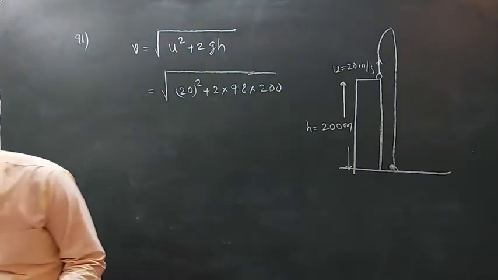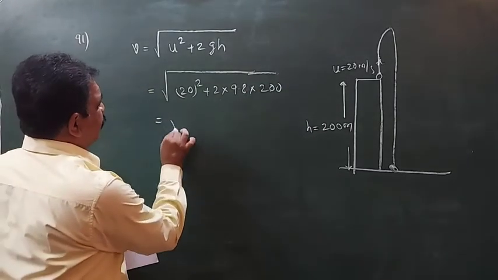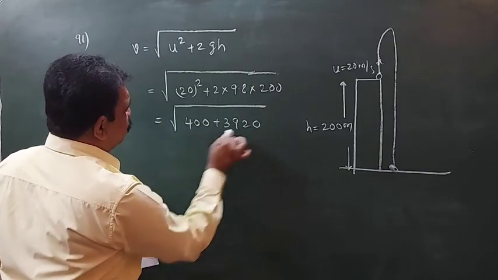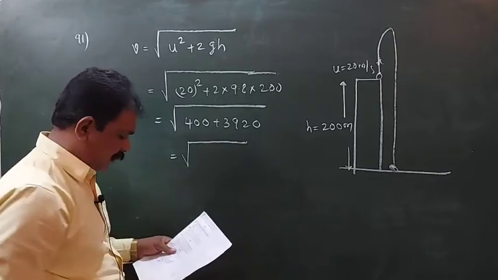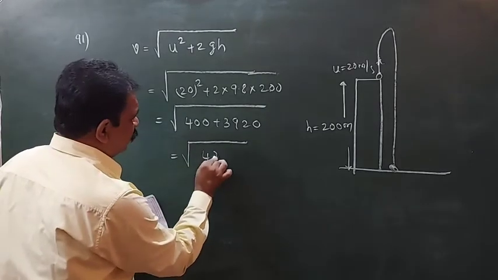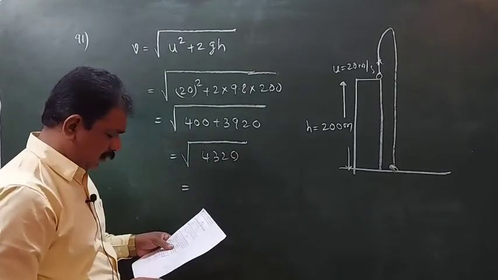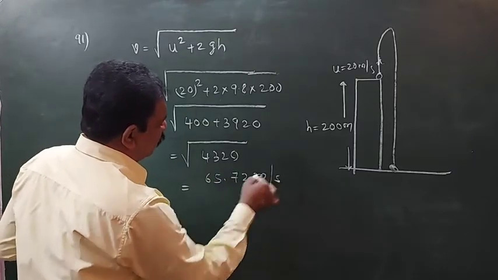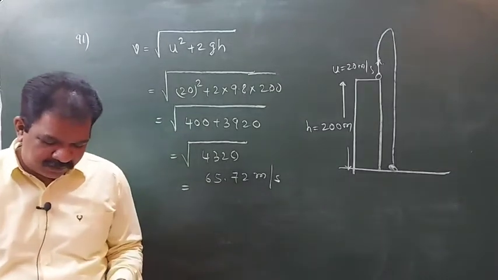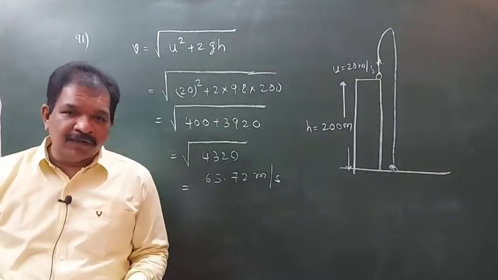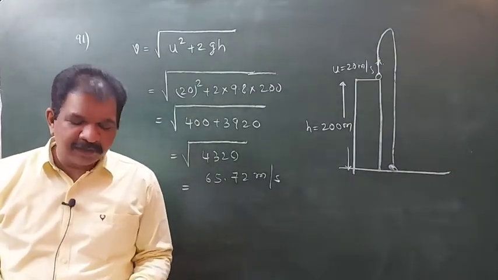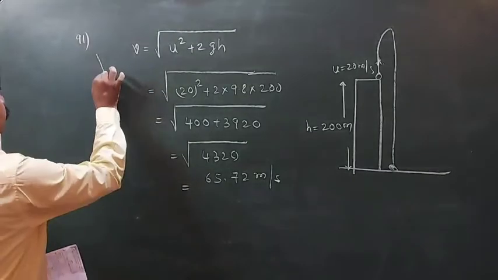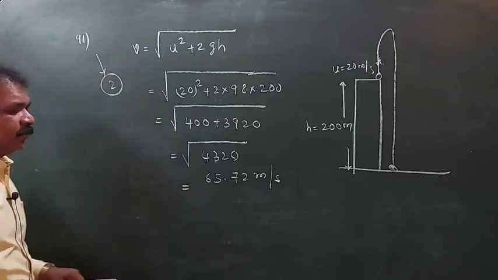So this is 400, this value 3920, so this value will be 4320. If we take the root, 65.72 meter per second. It will touch the ground with that velocity. So 65 will be the answer, the approximately nearer value. So 91 will be the second option.